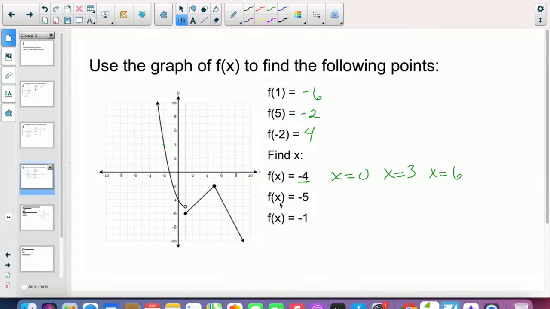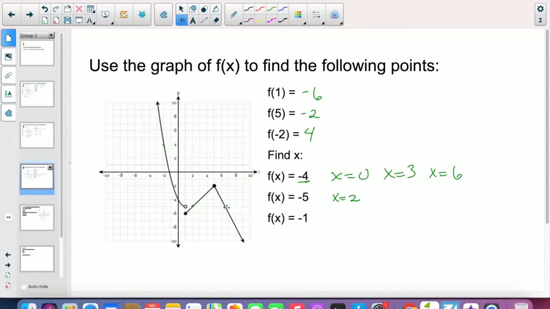When does y equal negative 5? Well, right here, that's an open circle, so we don't include that one. But it happens twice. Y is negative 5 here and right here. Now, there's a little bit of a problem here. For this one, I could say x equals 2. That's one of my answers. But for this one, that's at a fraction point.